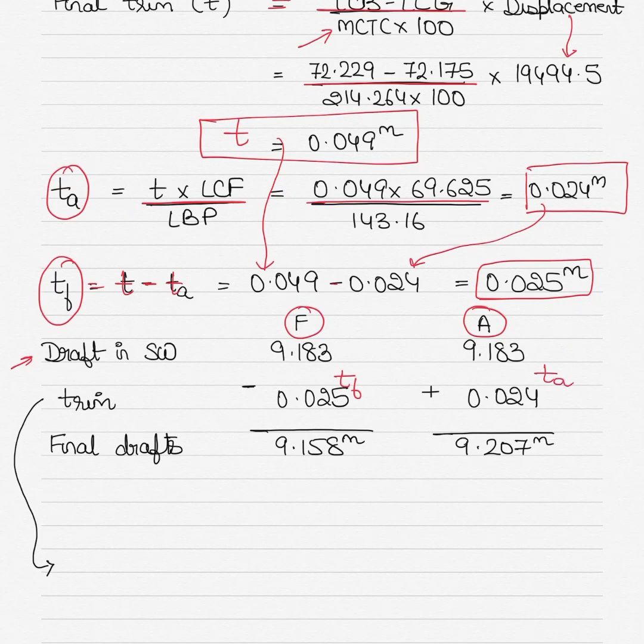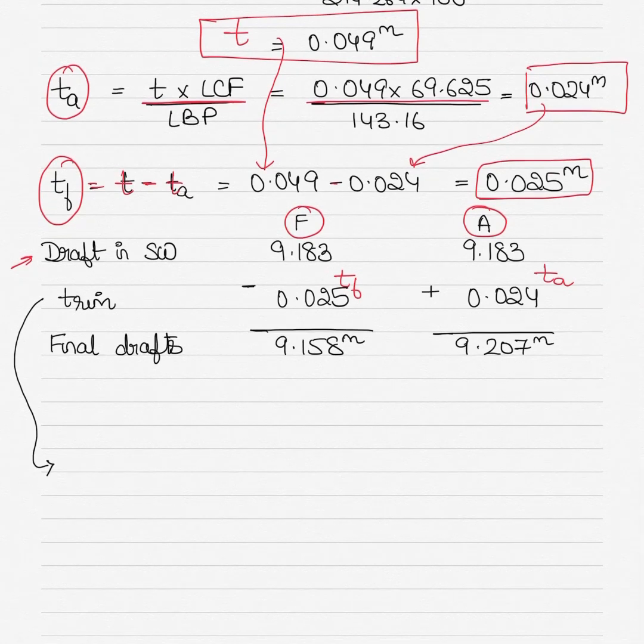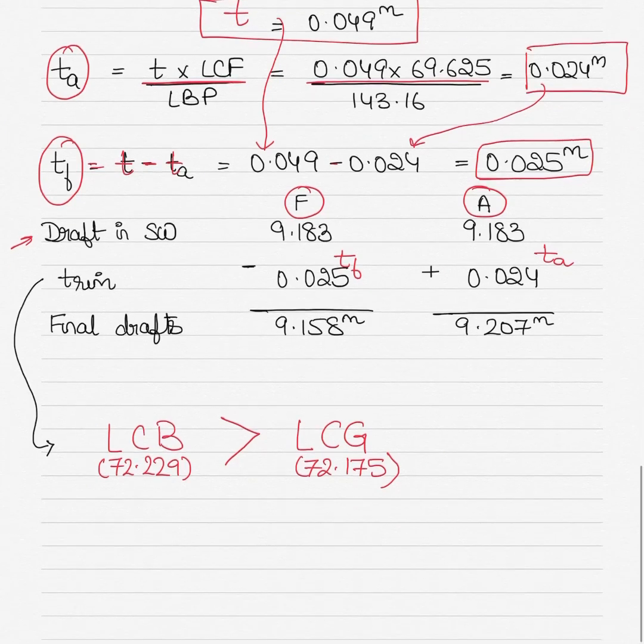Now how do you know whether you have to add the correction or subtract the correction? You have to look at the values of LCB and LCG. The LCB value, as you can see, is 72.229, and the LCG value is 72.175. That means your LCB value is more than the LCG value.